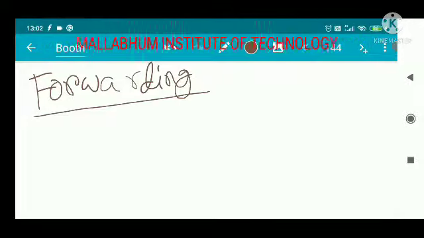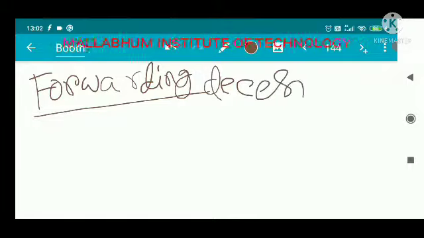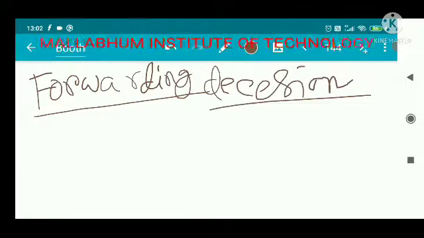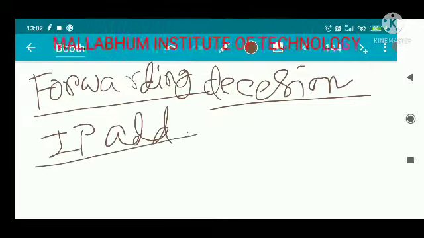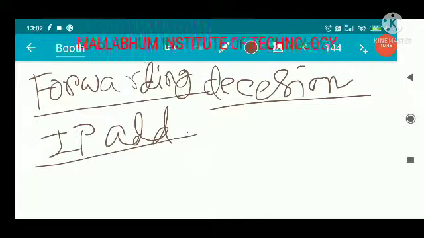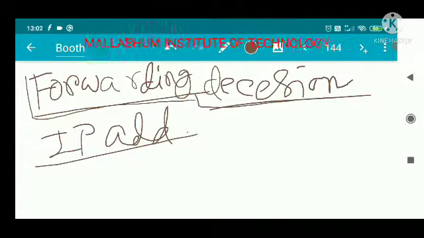That decision is based on the MAC address in the case of the switch, but the forwarding decision in the case of the router is based on the IP addresses, or the logical address. So based on the IP addresses, this forwarding decision is taken by the router.